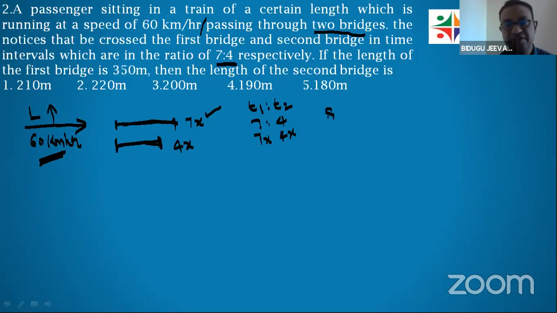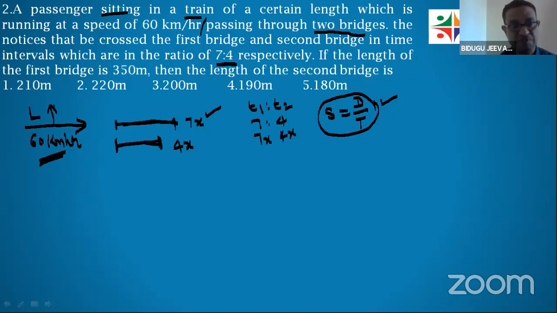What is the speed? Speed is equal to distance by time. When the speed is constant, let me write the equation in terms of distance by time. Fine. Now this is the train crossing a bridge. This is the man crossing the bridge. What is given? A passenger sitting in a train.